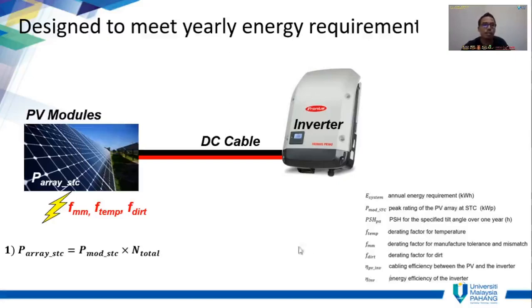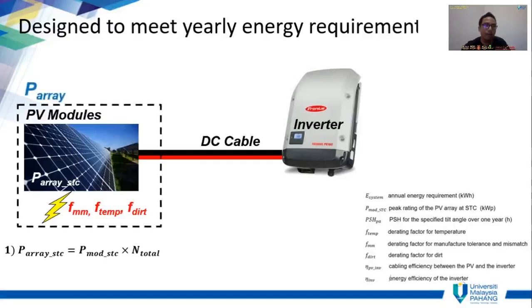Next is the F-dirt, the derating factor for dirt. These are the derating factors that exist on the part of PV modules, where the combination of P array STC and these three items forms the PV array, giving the second equation: P array equals P array STC multiplied by FMM multiplied by F-temp multiplied by F-dirt. We finish the second part.